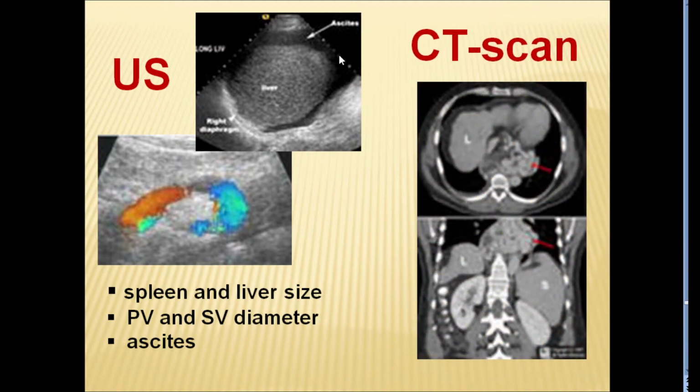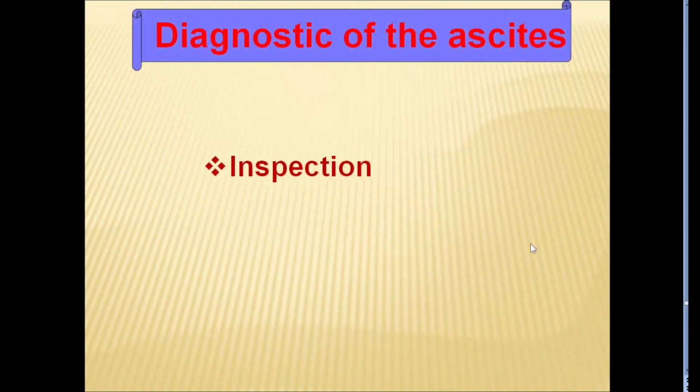Computed tomography reveals the same problems, splenomegaly and liquid in the abdominal cavity. I won't stop on the principal diagnostics of ascites, because this question will be given separately on the exam. And as any syndrome, it must be explained with full characteristic.